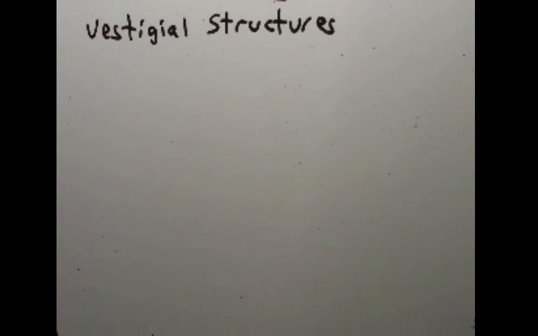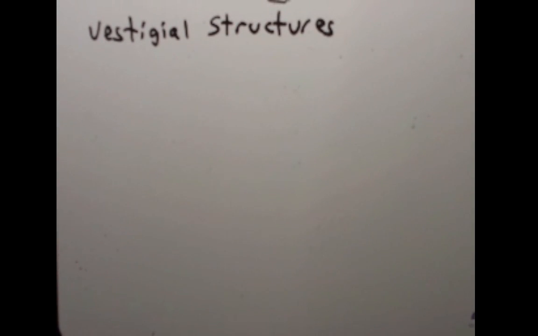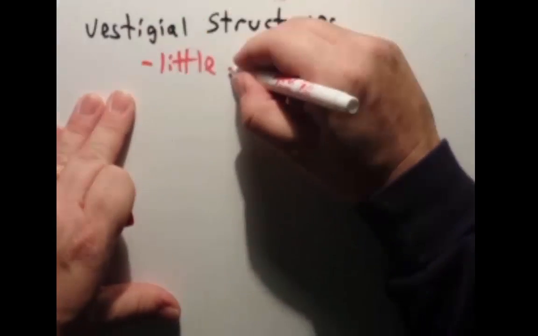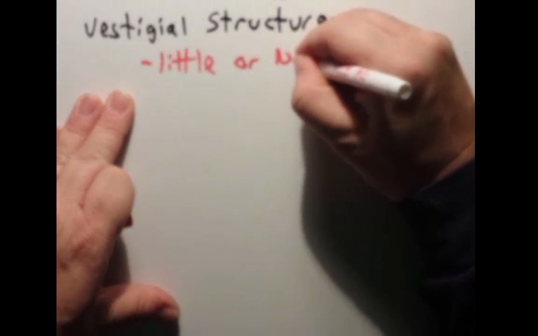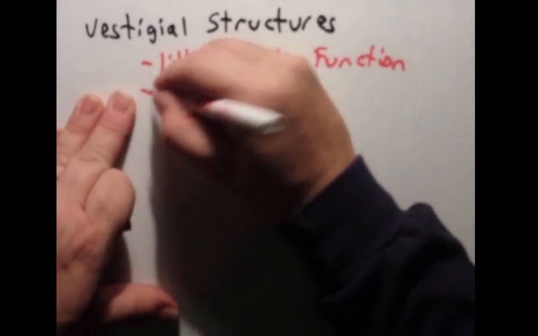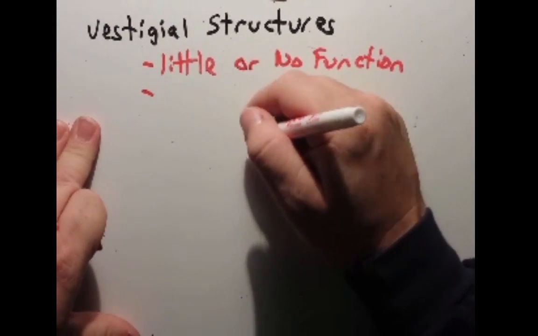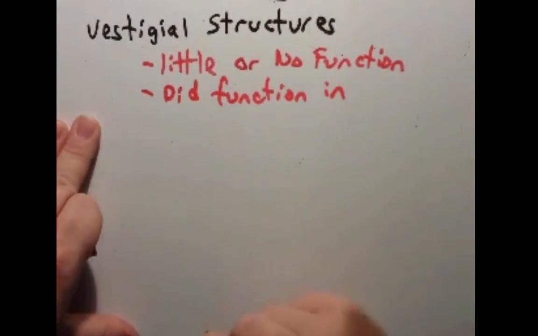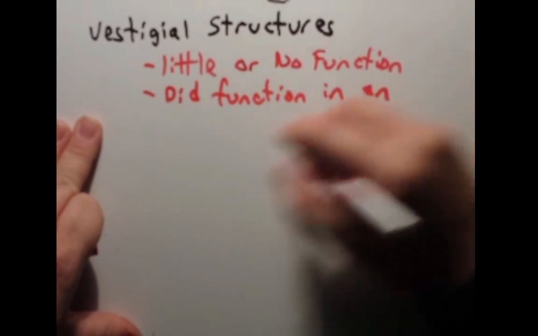A vestigial structure is a structure that has little or no known function in the current organism. So we'll write, little or no function. But for this vestigial structure, we have evidence that it did have a function in an ancestor.